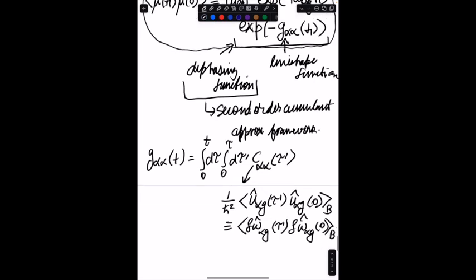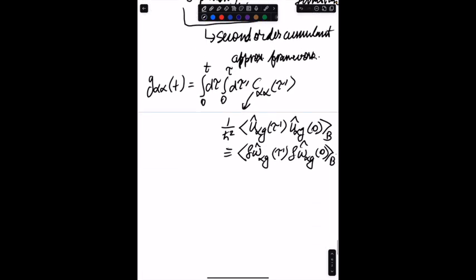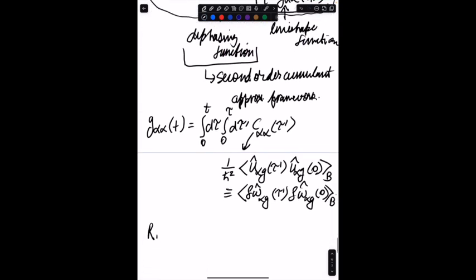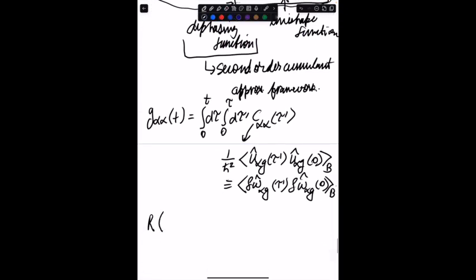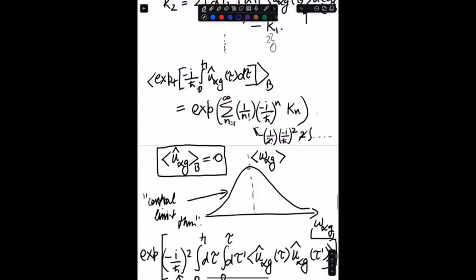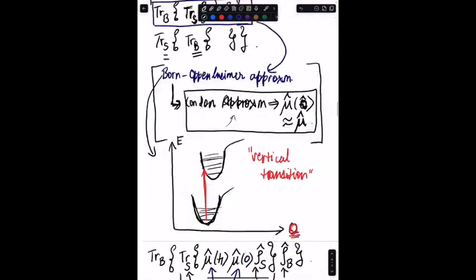Now you need to realize that your response function is a function of t1, which is your first order response function. Let me go all the way back to the top.